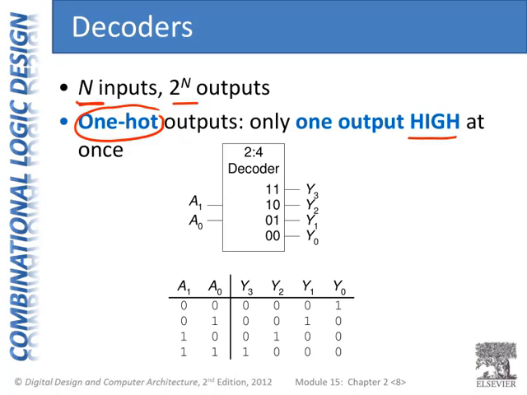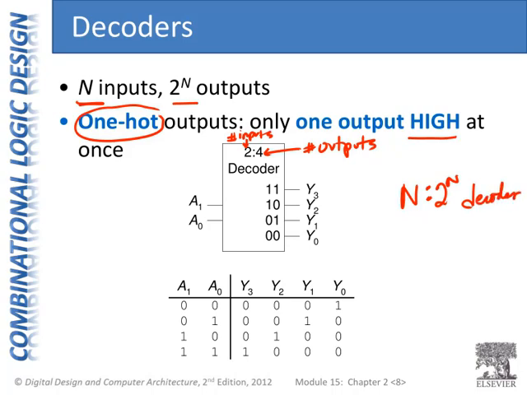So the outputs in this case, Y3 through Y0, only one of those outputs will be 1 at any given time. This one is called a 2 to 4 decoder because it has 2 inputs and 4 outputs. In general, it's going to be an n to 2 to the n decoder.